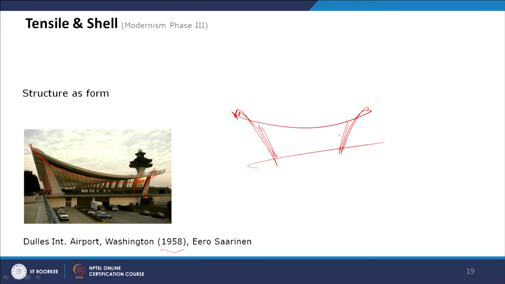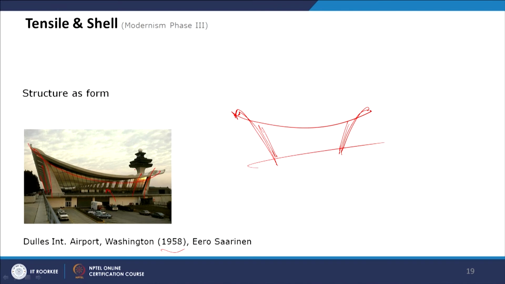Again the new materials were shown, steel and glass for the glass curtain wall, and the concrete was shown as the texture of this building, and the structural manifestation is taking the form.